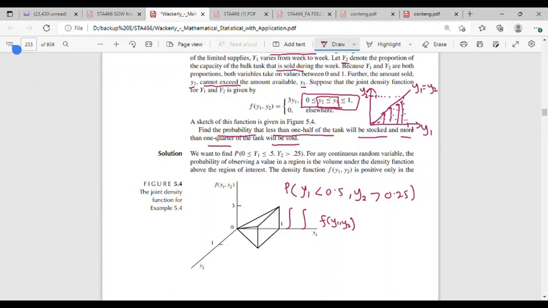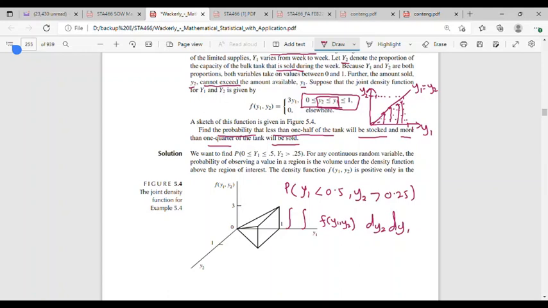Okay. So nak cari nilai probability ni, kita kena integrate the function with respect to dy2 and dy1. Okay, kita letak yang dy1 dekat luar. Sebab y1 ni lebih daripada y2.